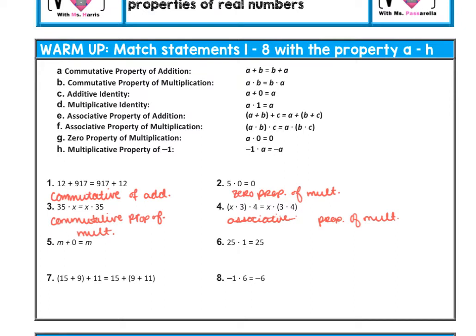Number five is the additive identity. Number six is the multiplicative identity. Number seven is the associative property of addition.